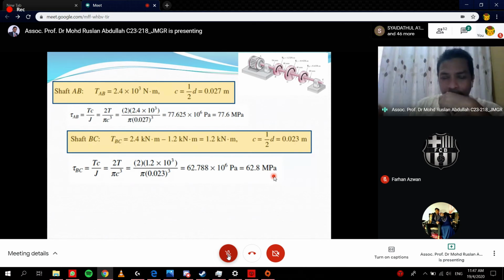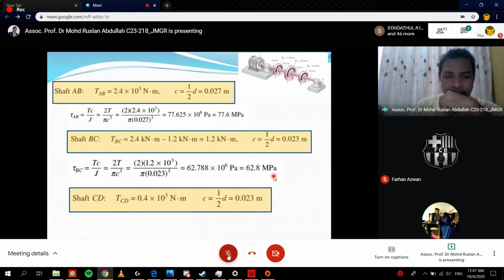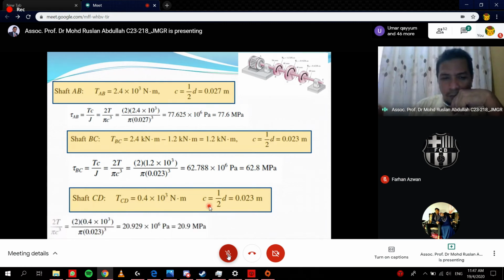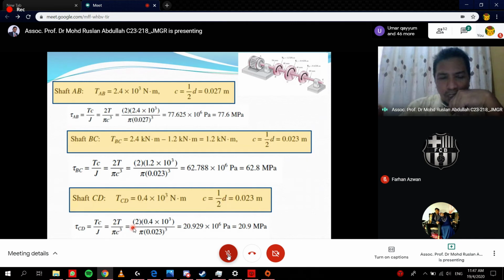And for CD, same thing. For CD, the net torque equals 0.4, and this is the radius. After that, you can determine tau CD equals 2T divided by this J. So the answer is 20.9 megapascal.